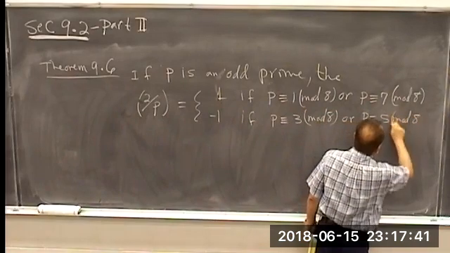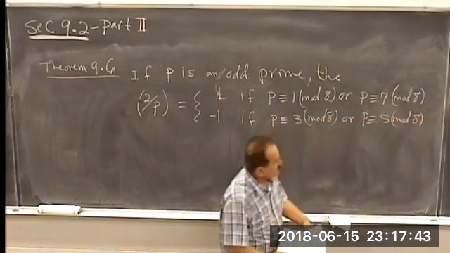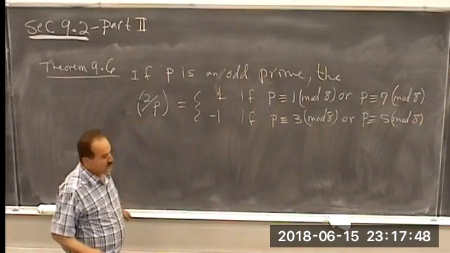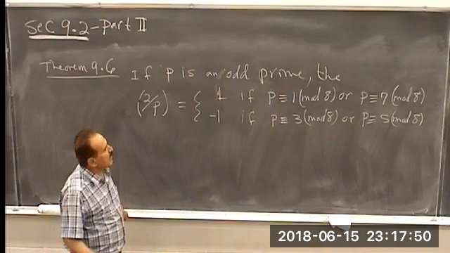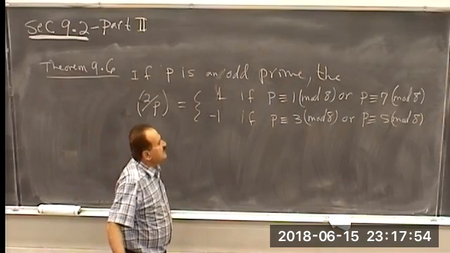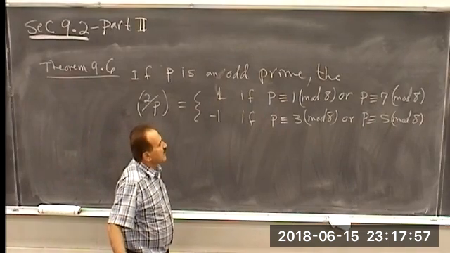Now remember the other residues, P mod 2 and mod 4, are even numbers, and 6 and 0, of course, are all even.